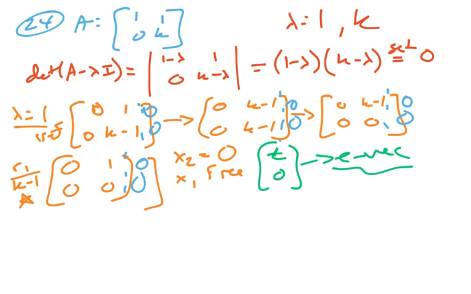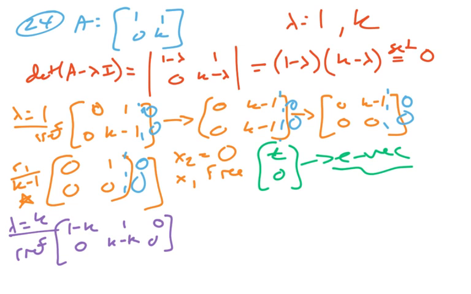For lambda equal to k, you're going to do a similar thing. You're going to RREF this matrix, 1 minus k, and then 1, and then really let's put the 0 in this time, and then 0, and then k minus k, which I'll just put for right now. So I would get 1 minus k, 1, 0, 0, 0, 0, okay?